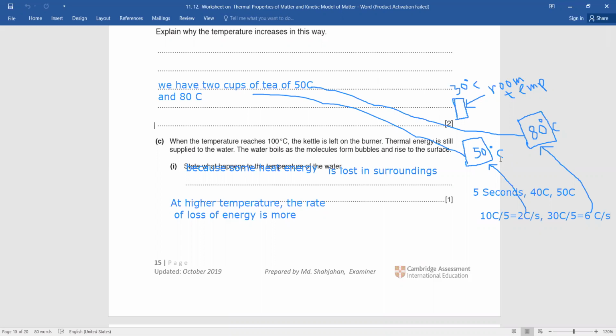One thing we understand: if the temperature of the hot object is more, then the rate of loss will be faster. If so, then we will never get a straight line. Is it clear? Yes, sir.